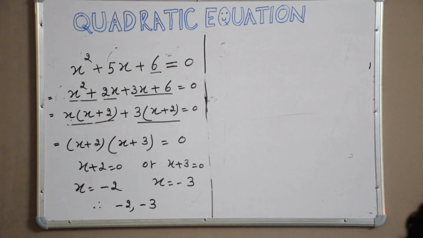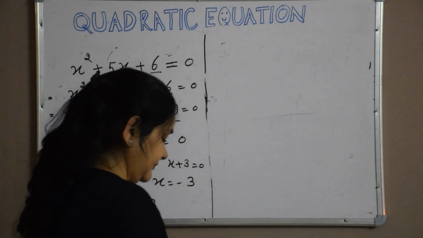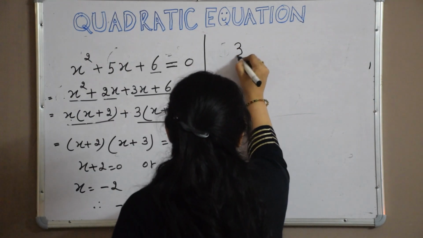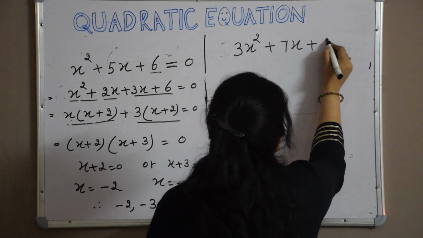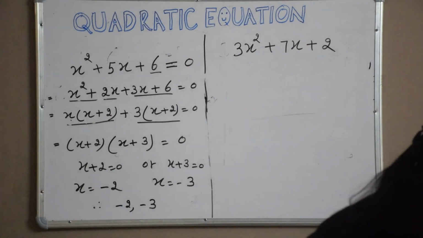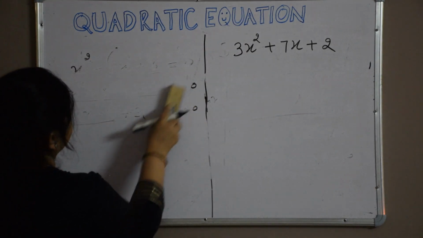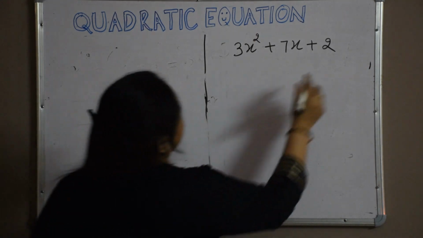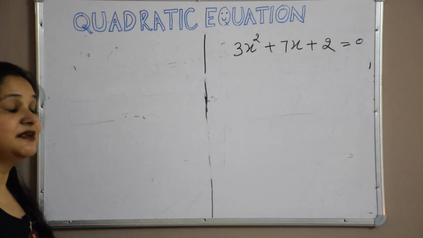It will be a little bit tough for you. (3x square plus 7x plus 2) equals to 0. This is a quadratic equation and we have to solve it by splitting the middle term again.